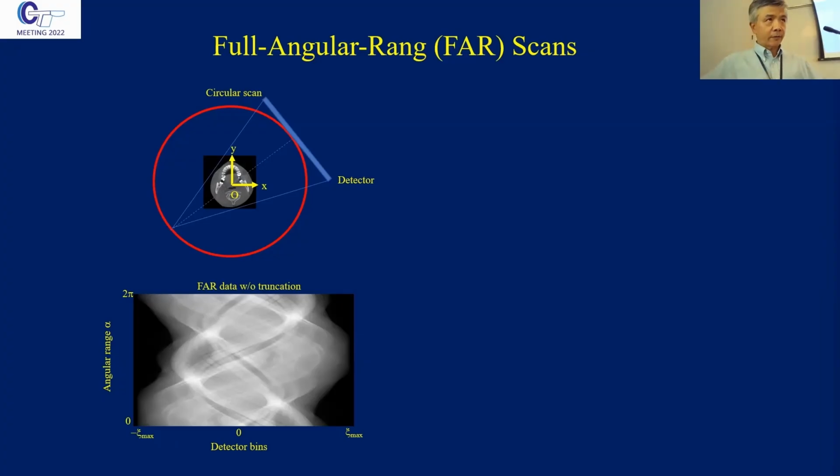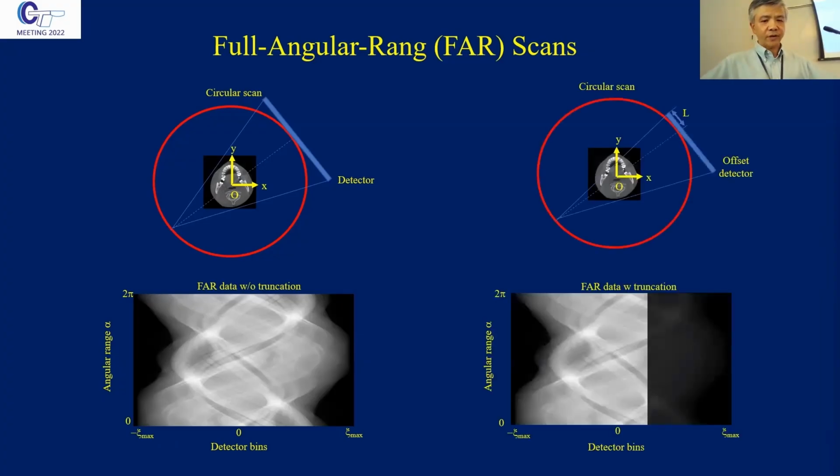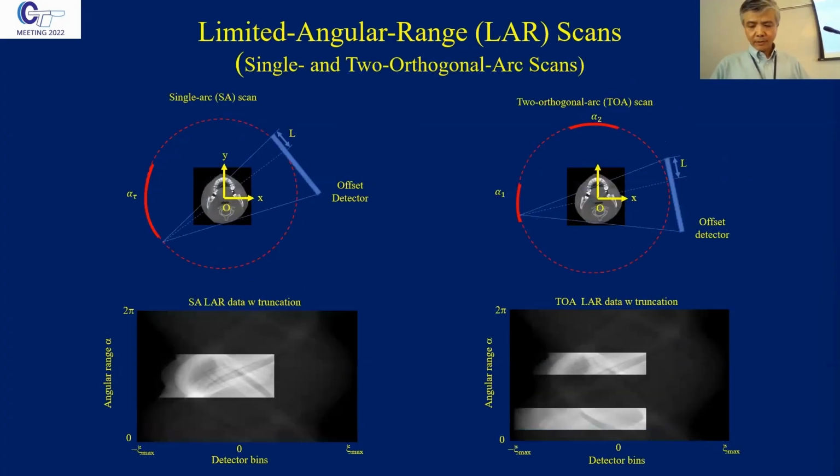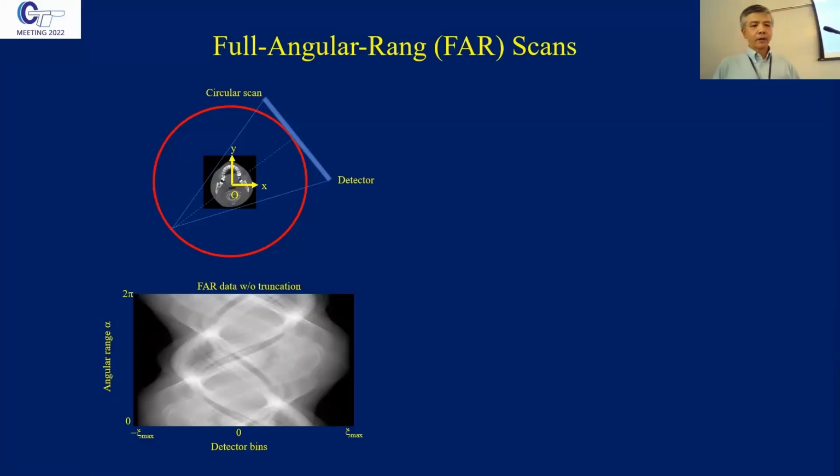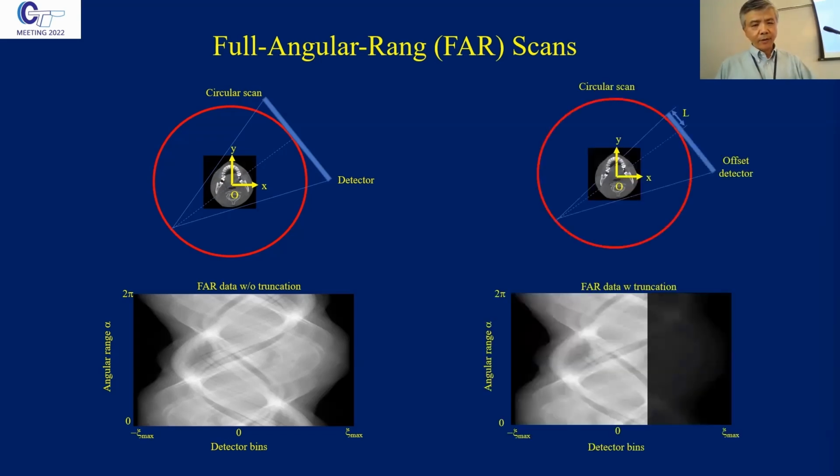The horizontal axis is the detector size, and the vertical axis is the angle, from 0 to 2 pi, over the entire detector. That's the full detector, full angular range sampling, so the data space looks like that.